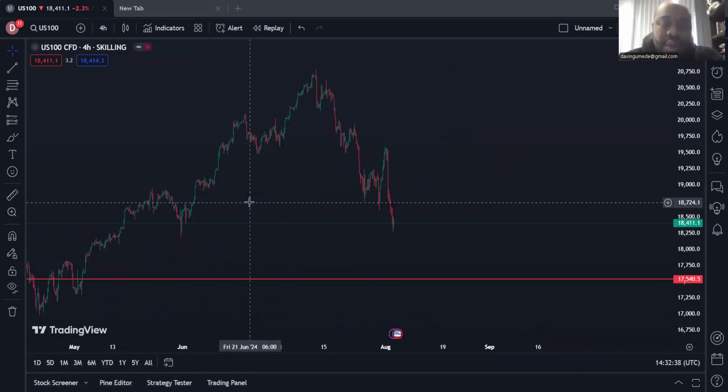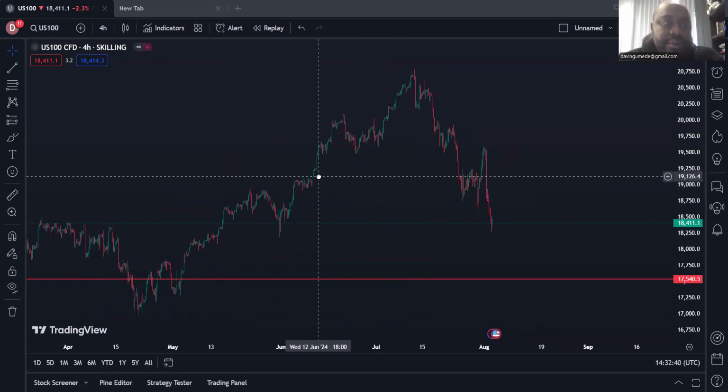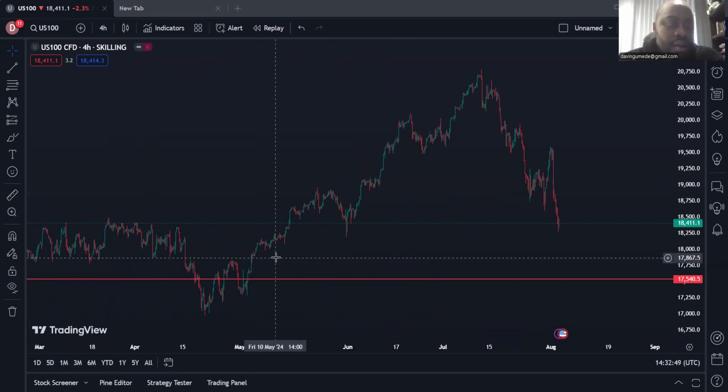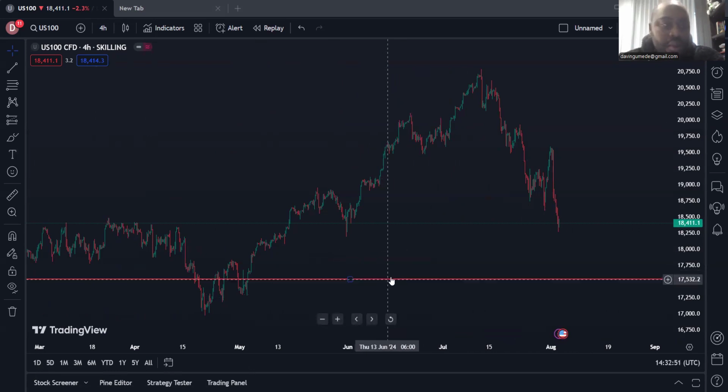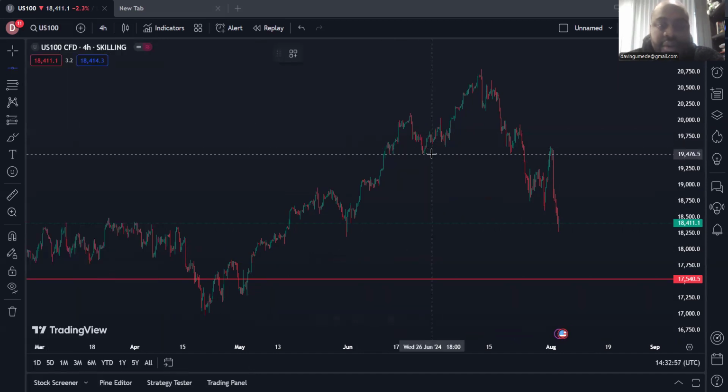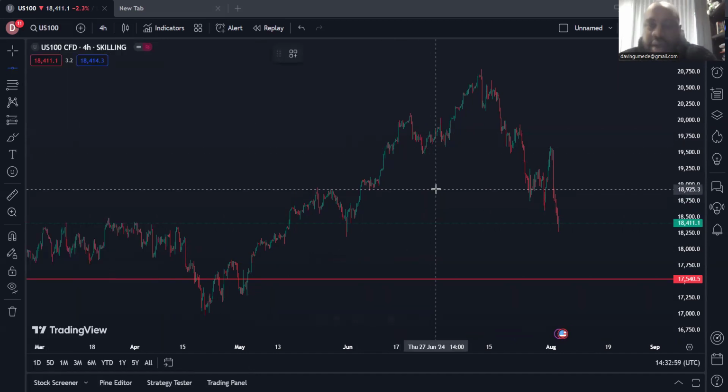As you see, we're looking at NASDAQ actually. US 100 is NASDAQ. I will pull out my horizontal lines to briefly show you some of the support and resistance angles that I pick up on in terms of price action.